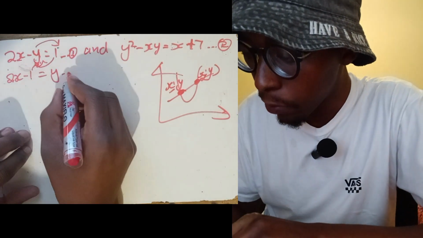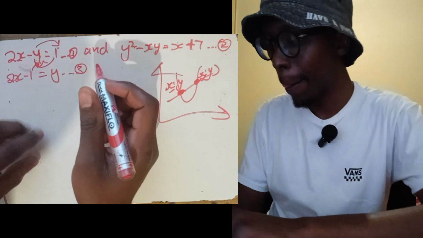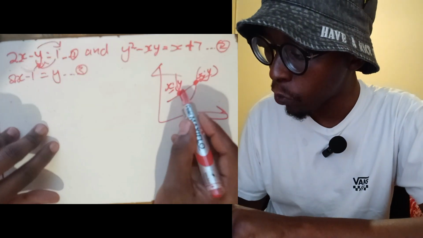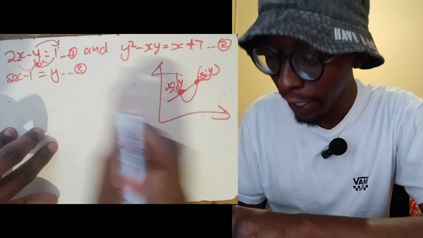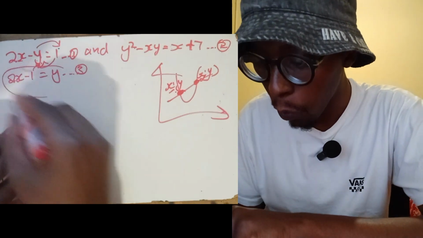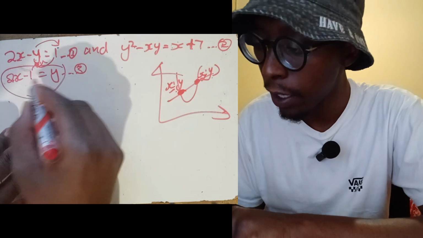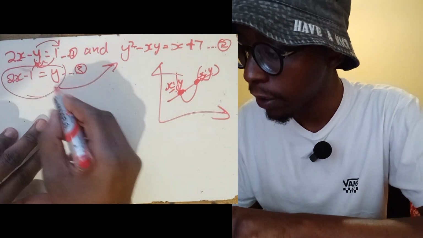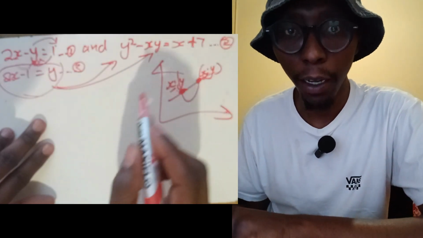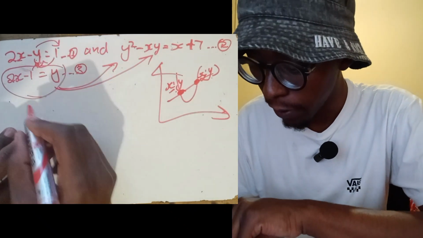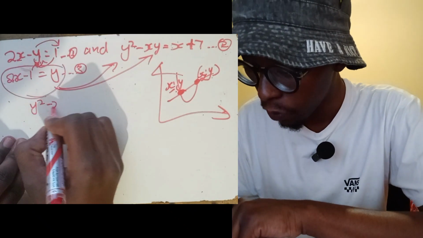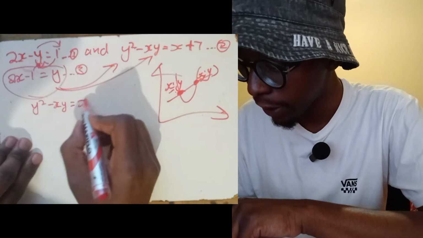This is my third equation now. Remember, they have the same x and y. So I can take this y, because now y is 2x minus 1, and substitute it into my second equation. My second equation is y squared minus xy equals x plus 7.